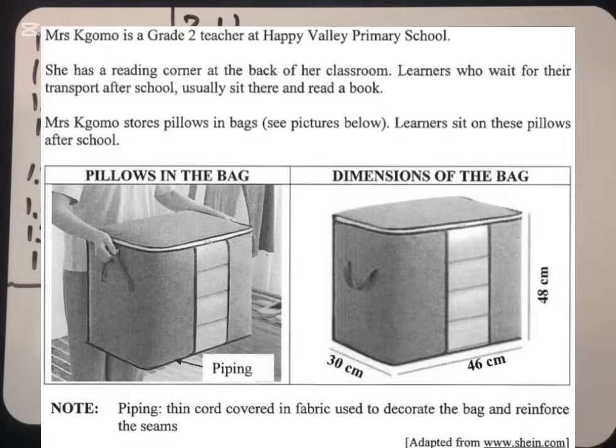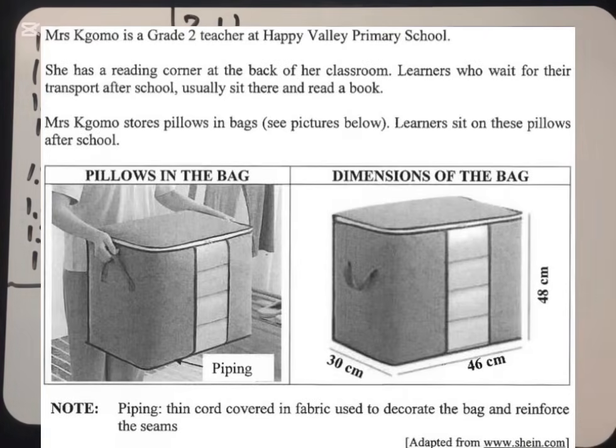If you look at this bag, we can see that we have 4 pillows per bag. We have the dimensions of the bag. The width is 30 centimeters. The length is 46 centimeters. Then the height is 48 centimeters. You should not forget that this bag accommodates 4 pillows inside of it.